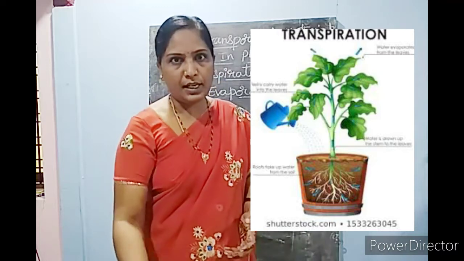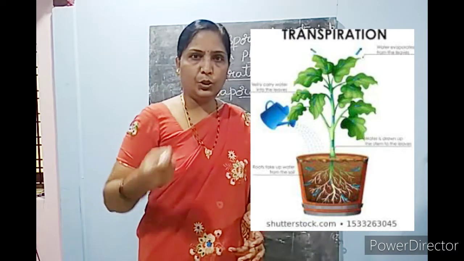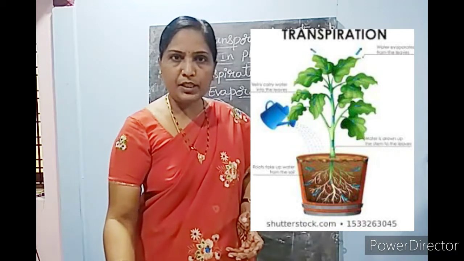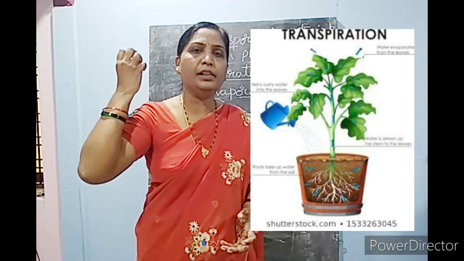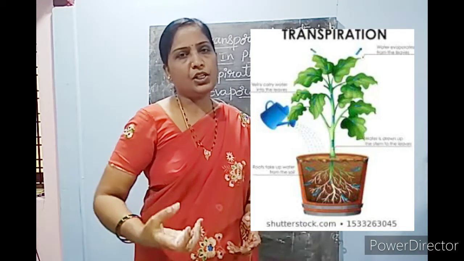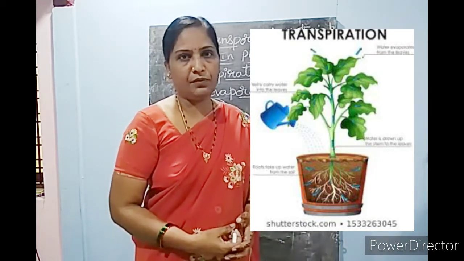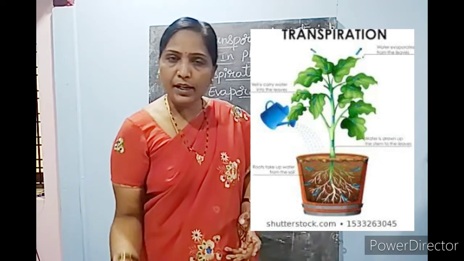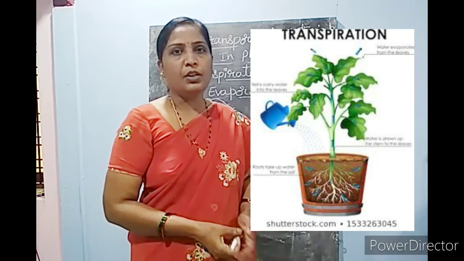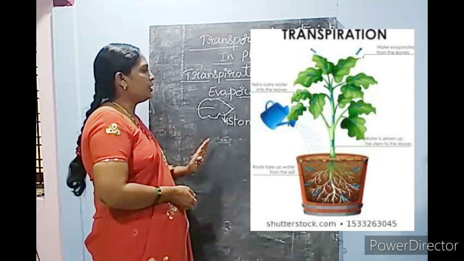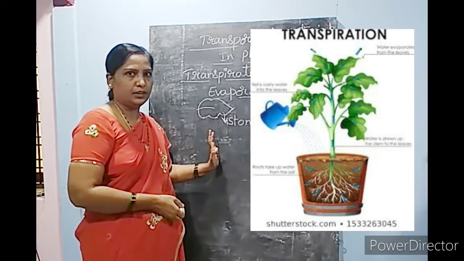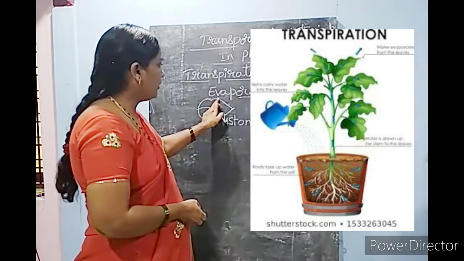You know that the xylem is helping to conduct the water from roots to the leaves. That means the water molecules are traveling against the gravitational force. You know the gravitational force, you learnt in your physics. So against the gravitational force, the water molecules are moving. Whenever the transpiration happens, the water is moving out into the atmosphere from the leaves.